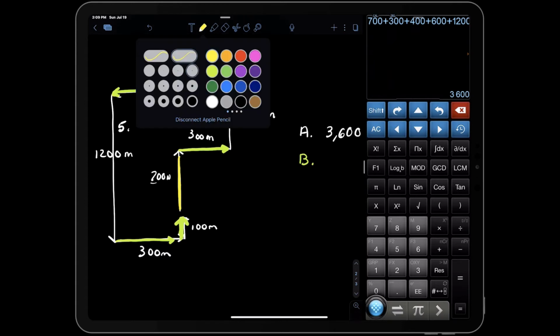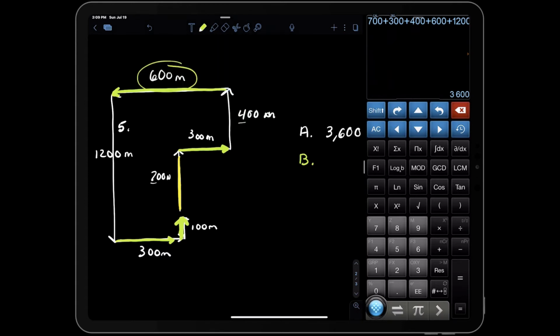Okay. Then, if we're looking at our distances here, we have those two right there. We have 1100, right? That's 1100. And then you add this part right here to the mix. So that extra 100 gives you 1200 meters that would have been traveled in the y direction.